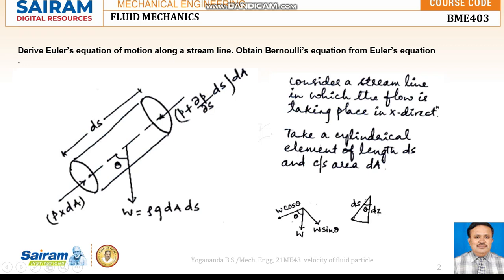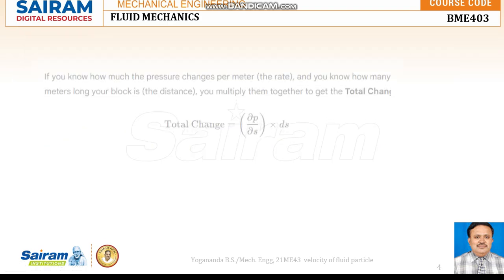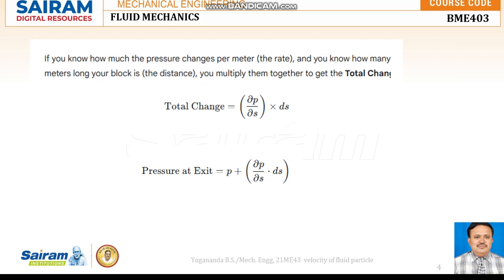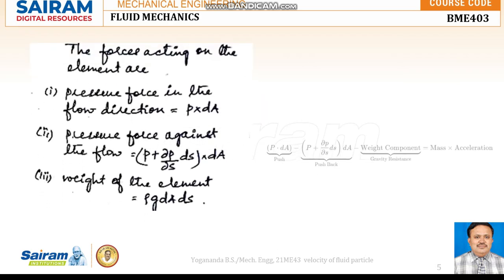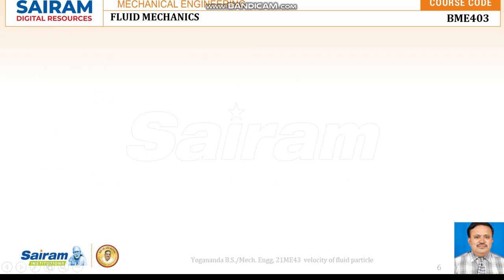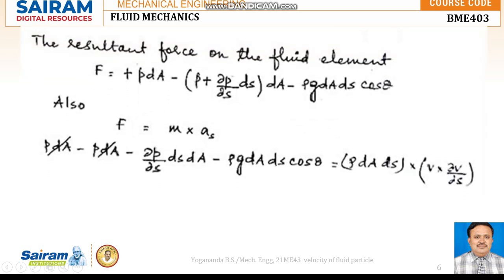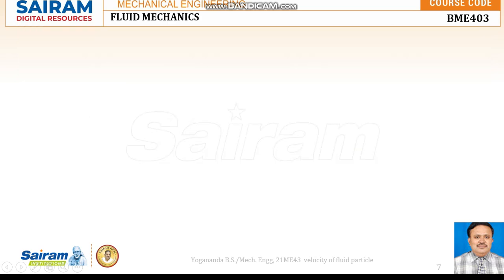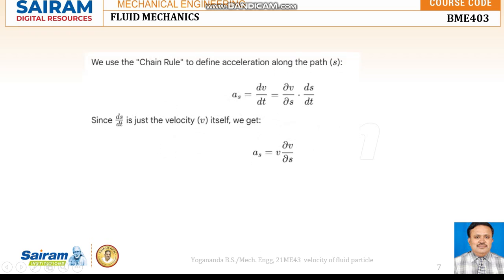In mass density we have only rho, no g is there in the picture. So we have only rho dA ds, that is my mass, and acceleration is given as v into dou v by dou s, from the chain rule of differentiation.